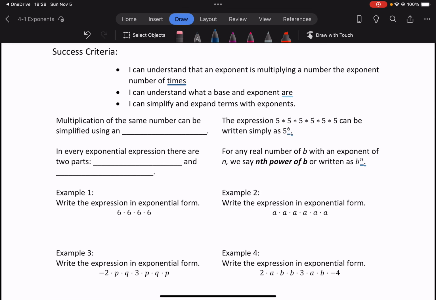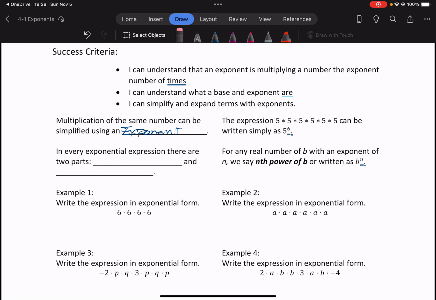So starting off, multiplication of the same number can be simplified using an exponent. An exponent is just the small number, so like here, that 6 would be your exponent, okay? Again, we can look at some of these.